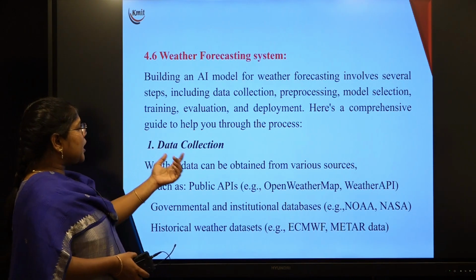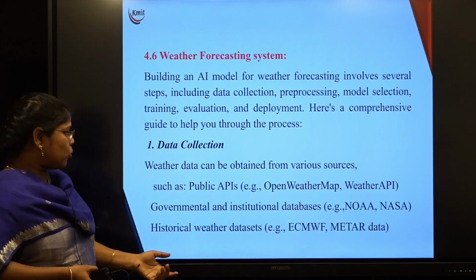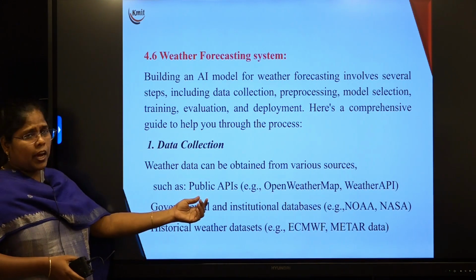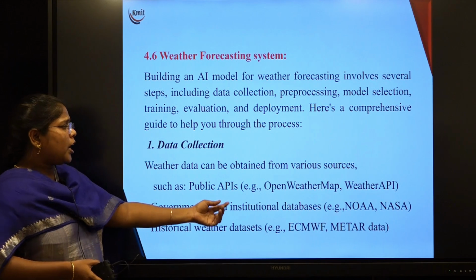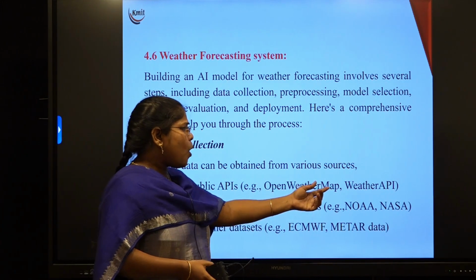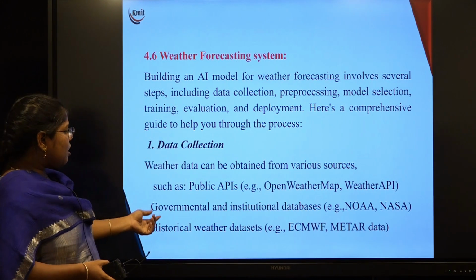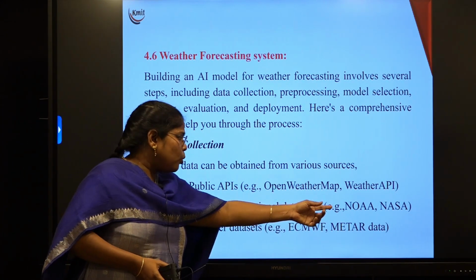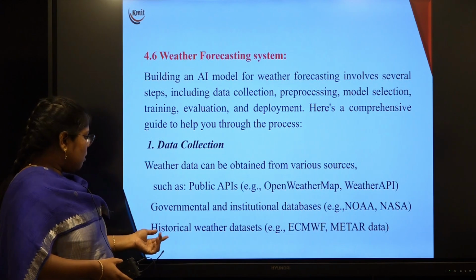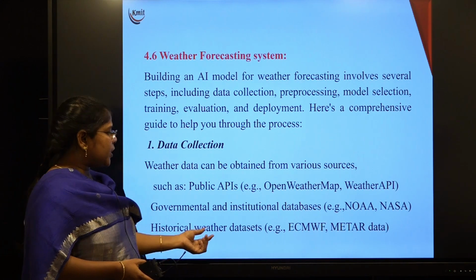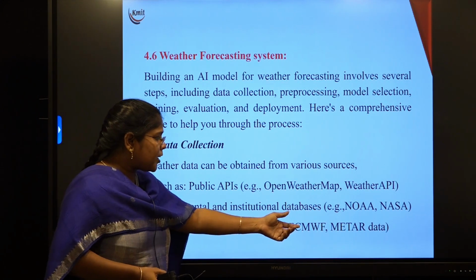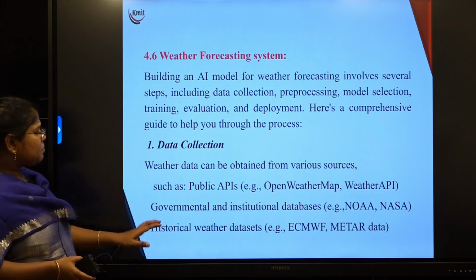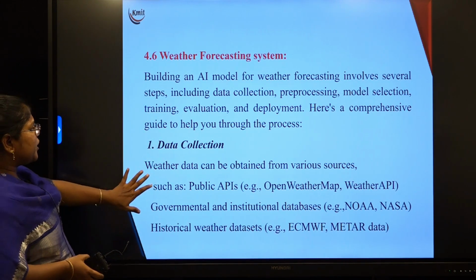The data can be collected from various sources like public APIs such as OpenWeatherMap or Weather API, governmental and institutional databases like NOAA or NASA, and historical weather datasets like metadata, etc. From there we can collect the weather data.